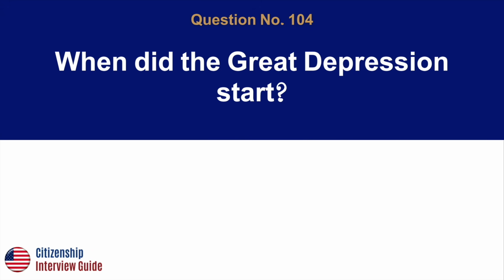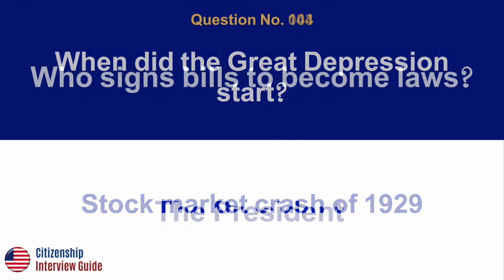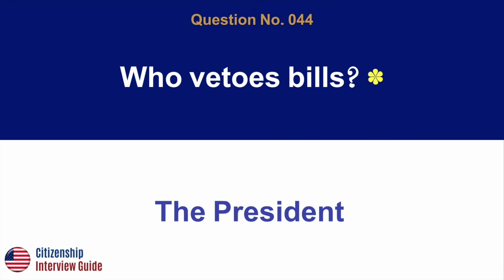When did the Great Depression start? Stock market crash of 1929. Who vetoes bills? The President.